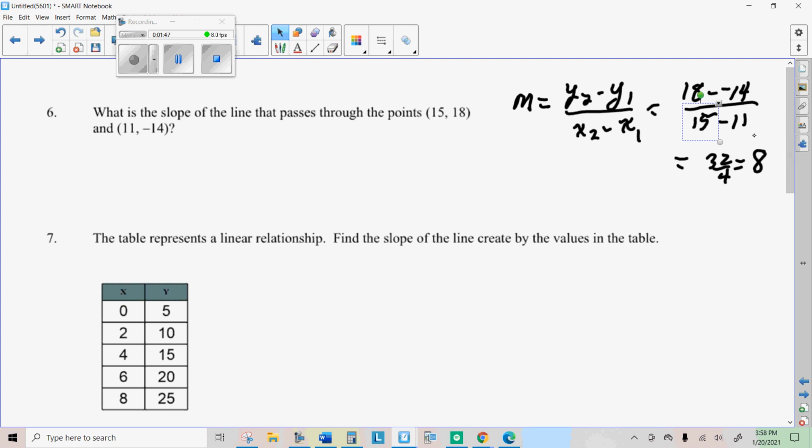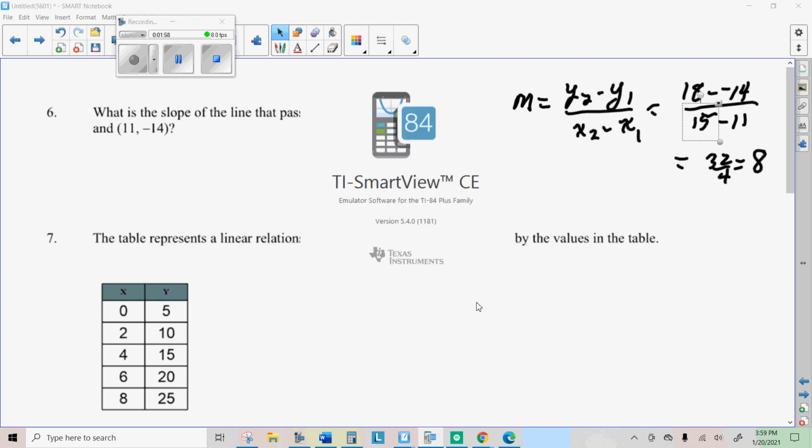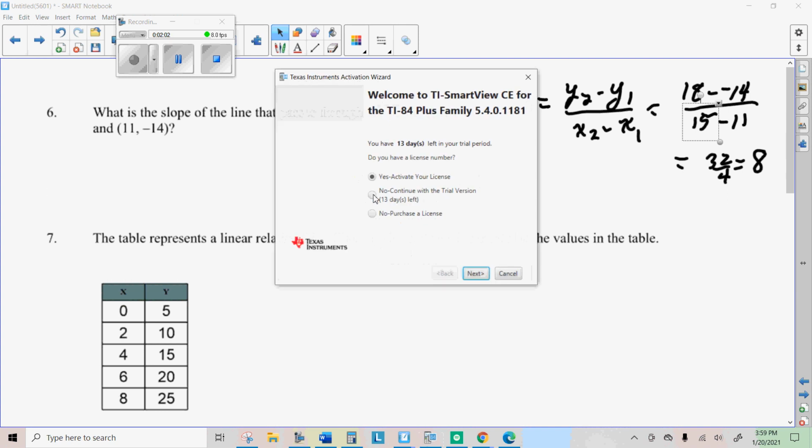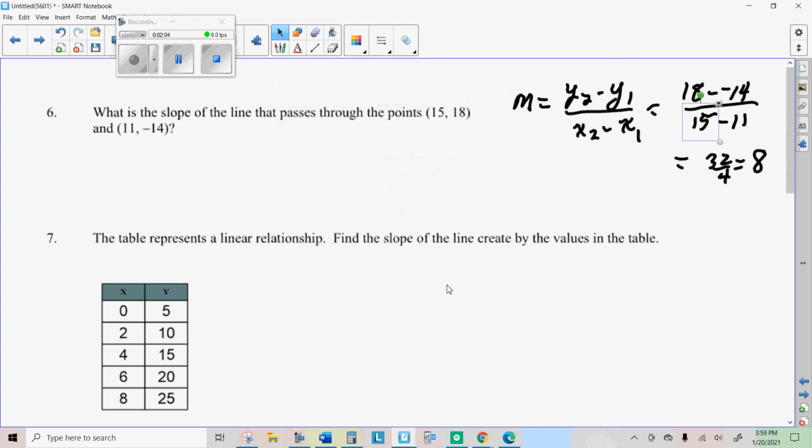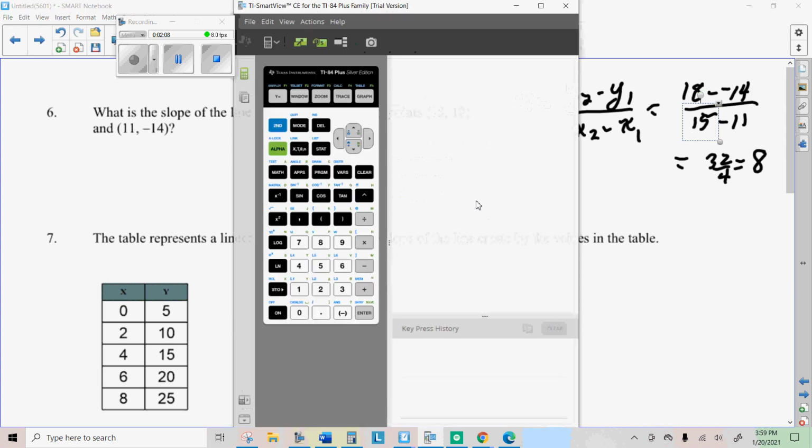So on your calculator, and the Desmos will do this also. If you're using the Desmos, that's fine. But here's how you do it on the calculator. You should know how to do it on this one too, because you are going to use this same calculator when you do the MCA test.